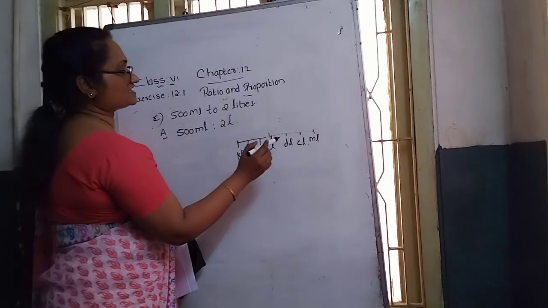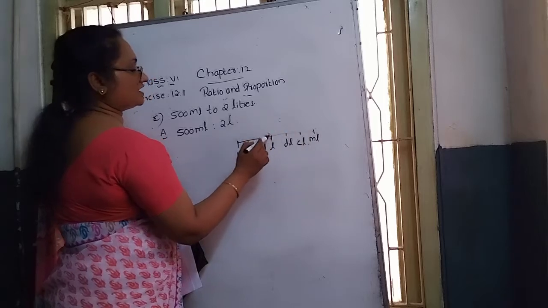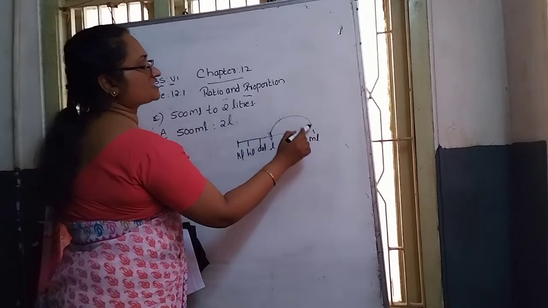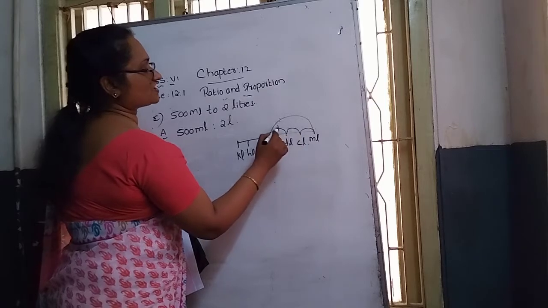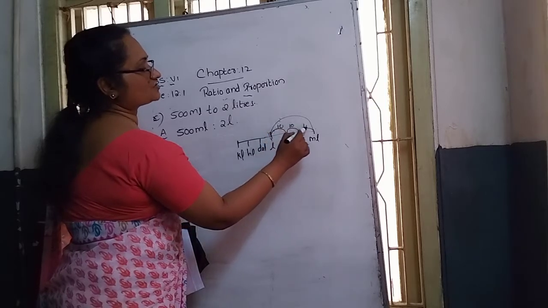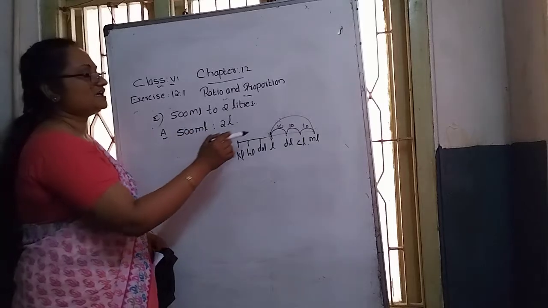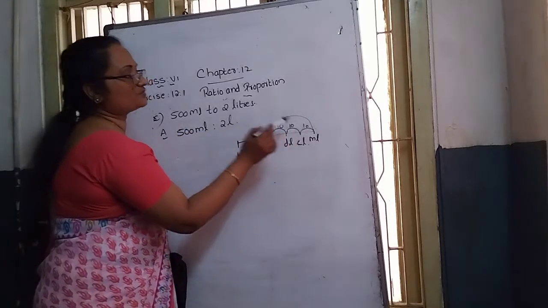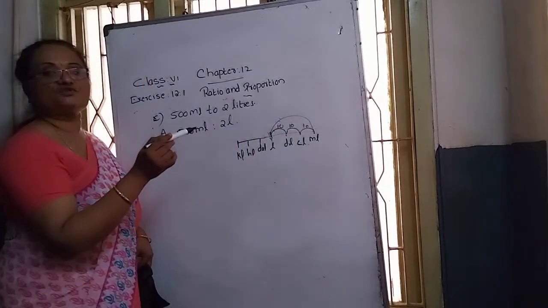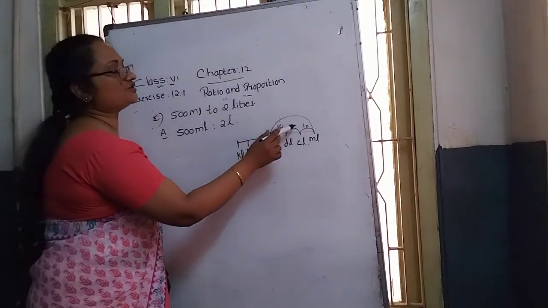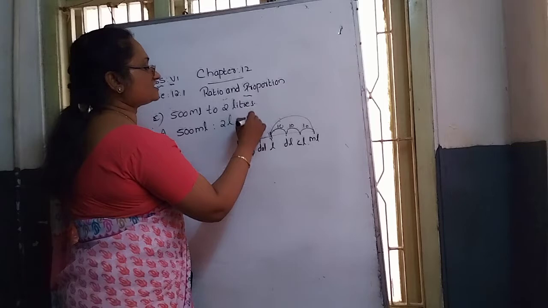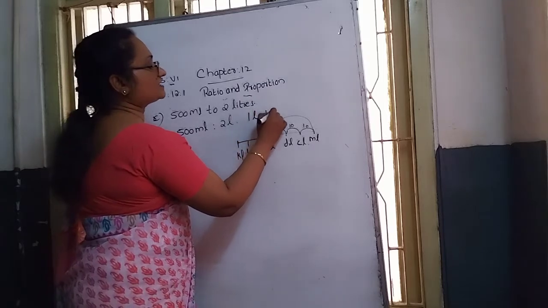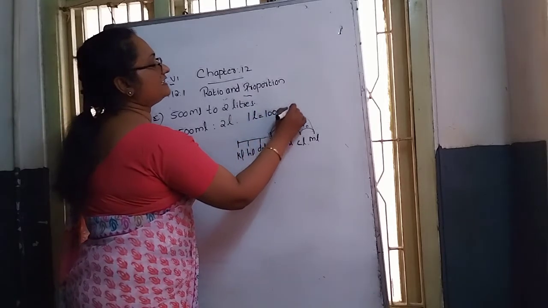Here the question is in milliliter, so we convert liter to milliliter. The difference between each step is 10. To change liter to milliliter, we multiply 10 into 10 into 10, which is 1000. So we can write 1 liter contains 1000 milliliter.